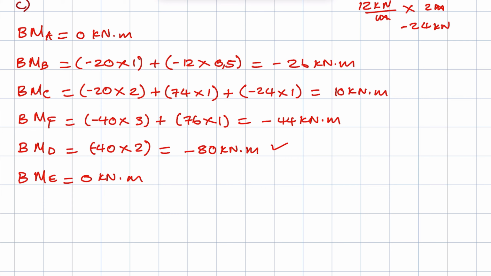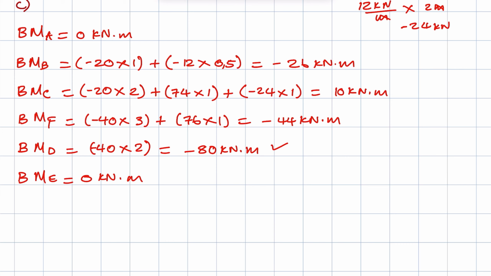Now above the 0 line of the bending moment diagram, we have a maximum magnitude of the bending moment of what? Of 10 kilonewton meters. So we expect the shear force to be equal to 0 at what? At point C as well.